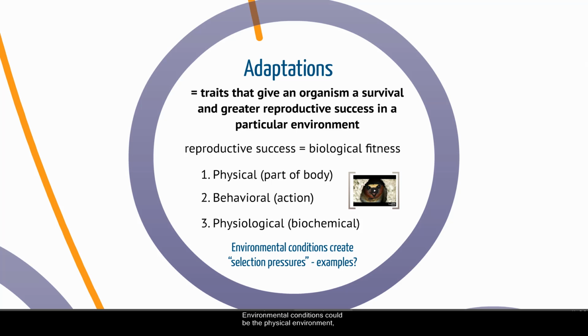Environmental conditions could be the physical environment, could be that there's a drought or you live in a desert, could be that you live on dark rocks or light rocks. Environmental conditions can also be biotic. They can be what predators are in an area, or what food is available in a particular area, or who you're competing with. All of those are potential selective pressures.